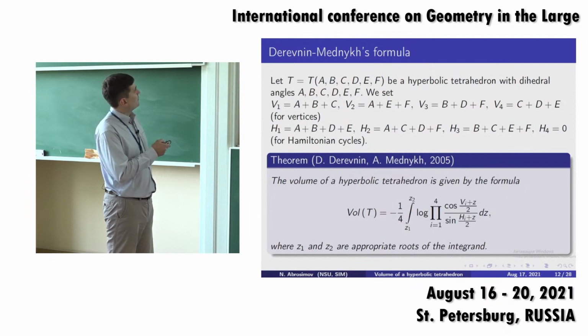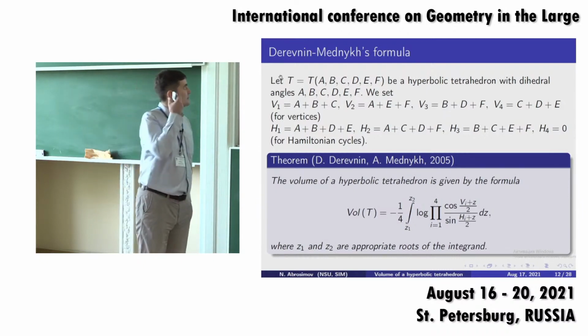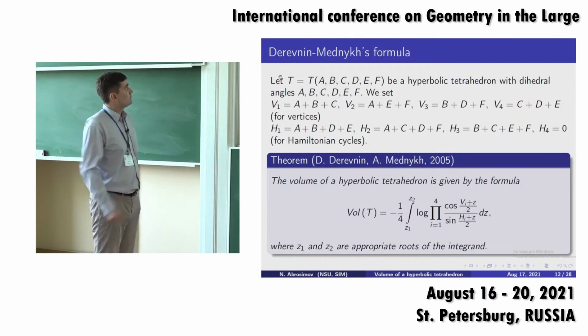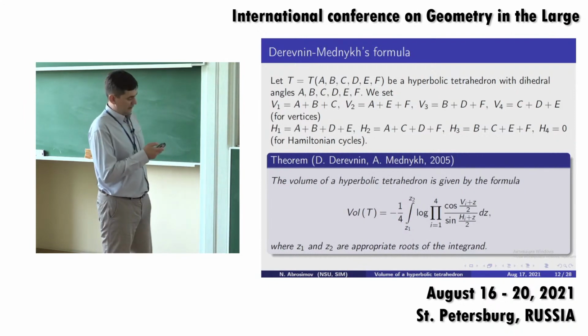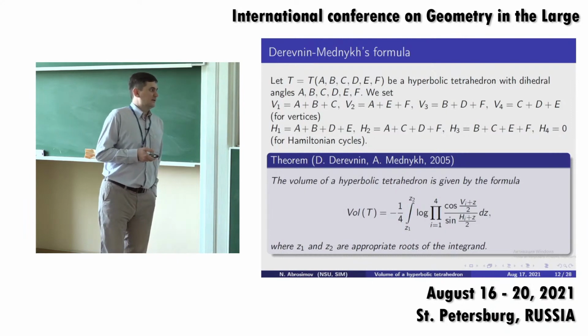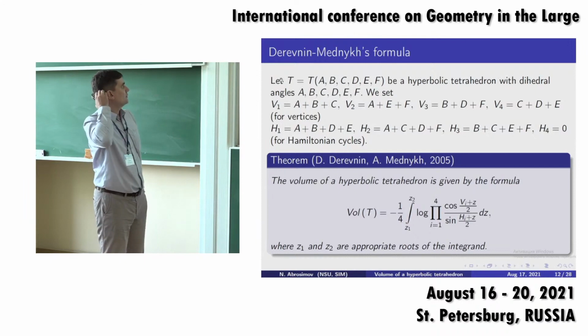We define some auxiliary parameters. V1, V2, V3, and V4 are just the sums of dihedral angles adjacent to the corresponding vertex. H1, H2, and H3 are the sums of dihedral angles along the Hamiltonian cycles of edges.